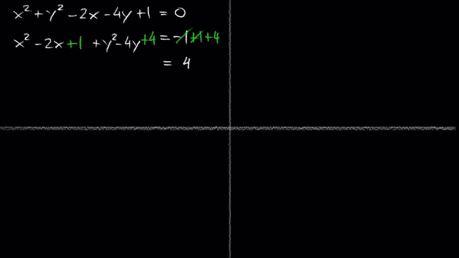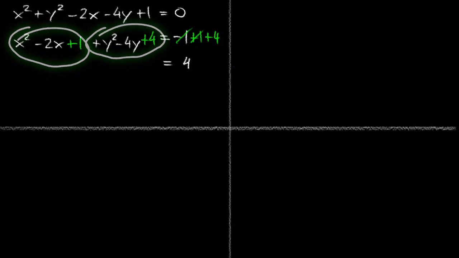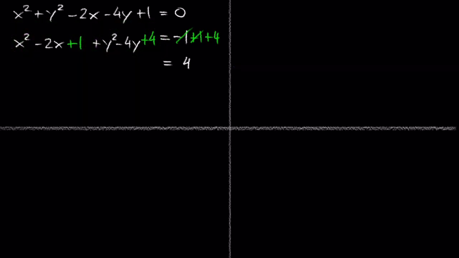Now we have two perfect square trinomials, which we can write as two perfect square binomials, x something squared and y something squared. Do you remember what we put in these empty spaces?